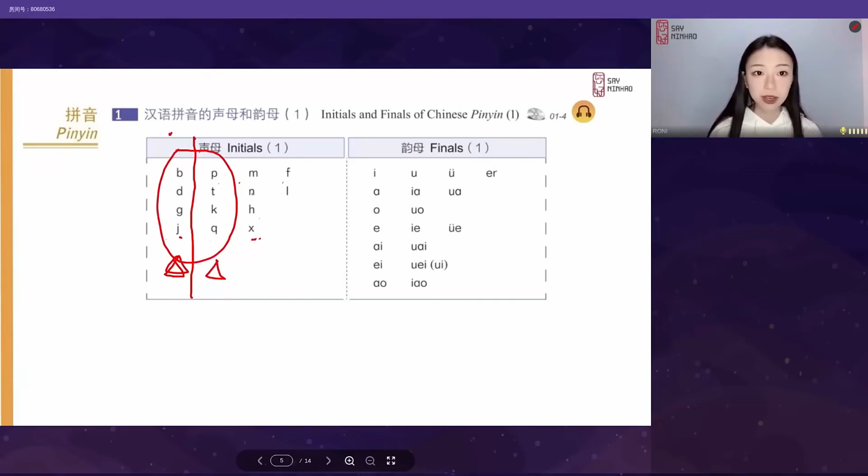As we can see, there are many finals here, so let's read after me, okay? First one is e. Next one, u. Sounds like a train. Next, ü. You can try to pronounce e first and then roll up your tongue.